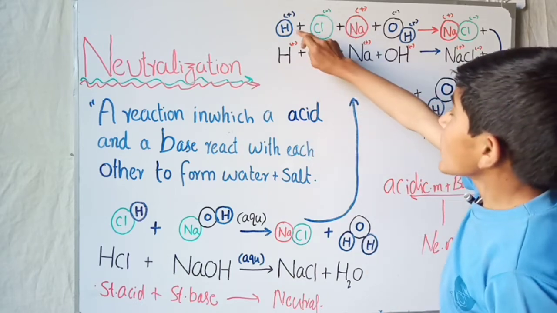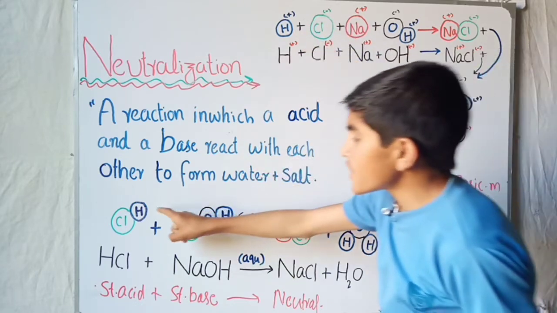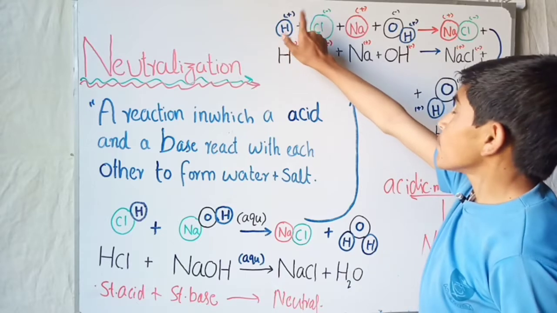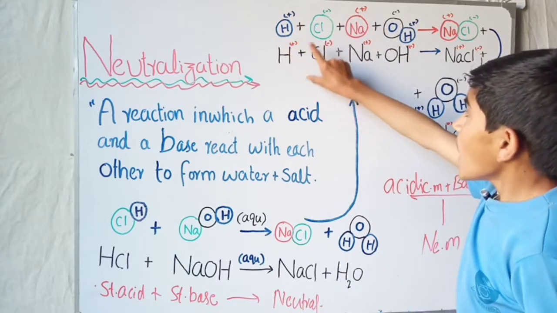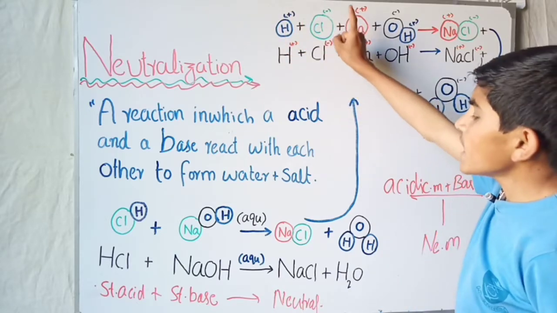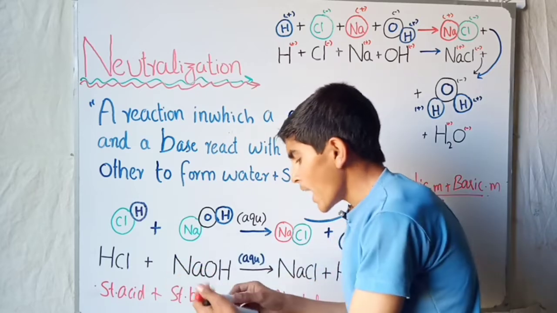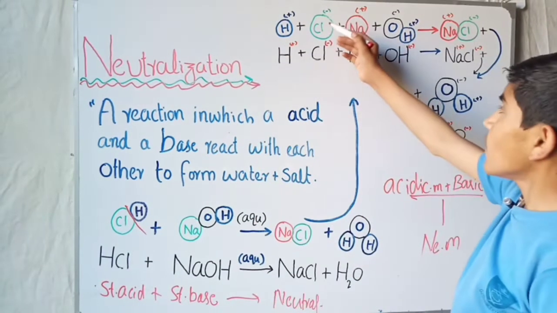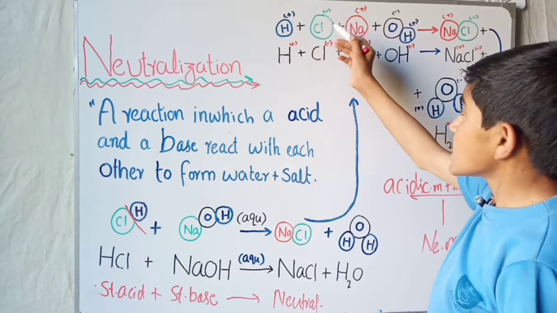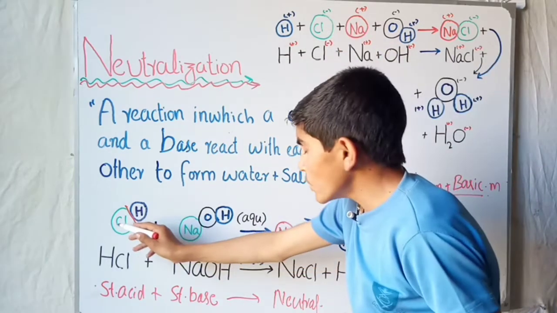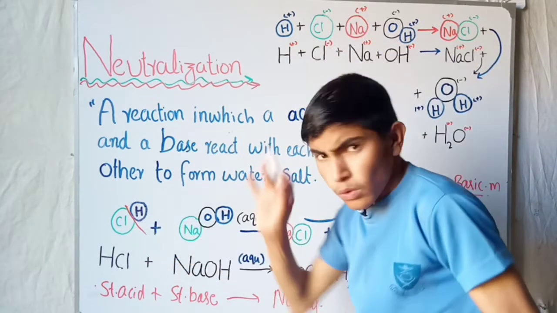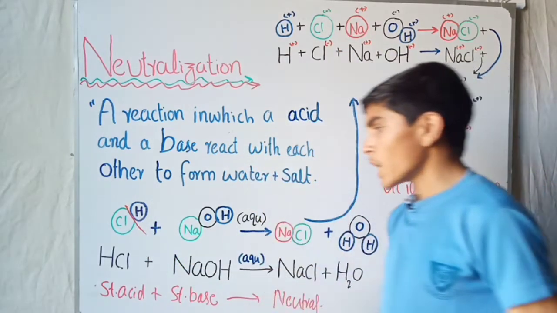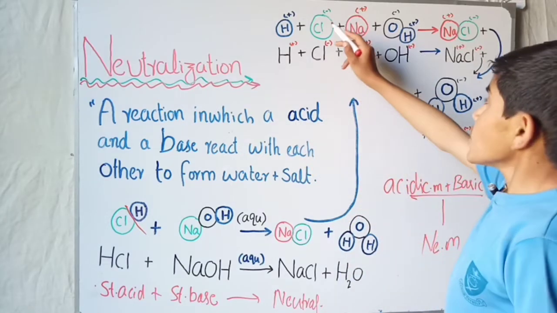So it gives us H, which has a positive charge, plus Cl, which has a negative charge, because it has more electrons than protons.